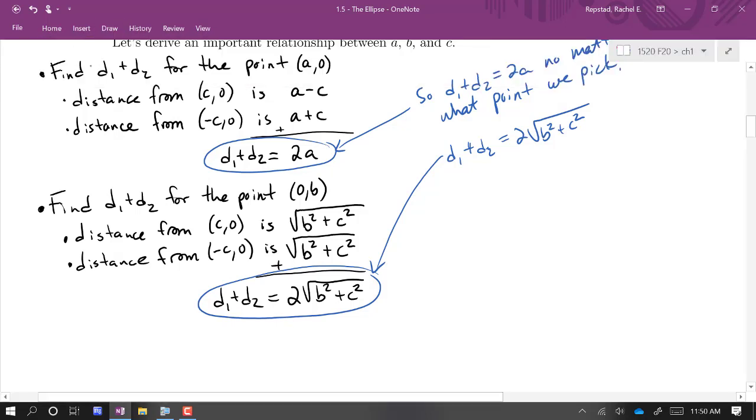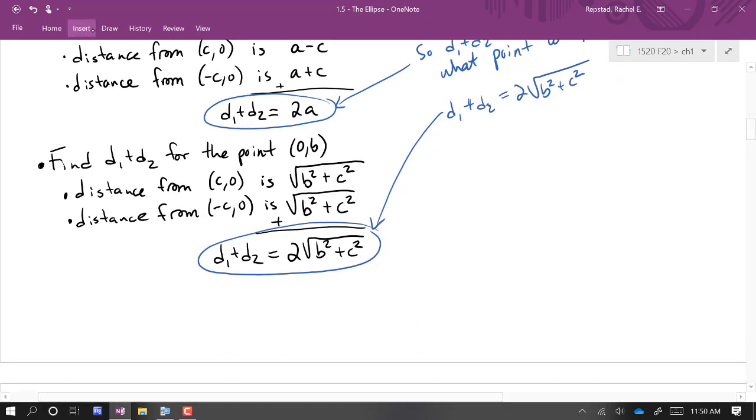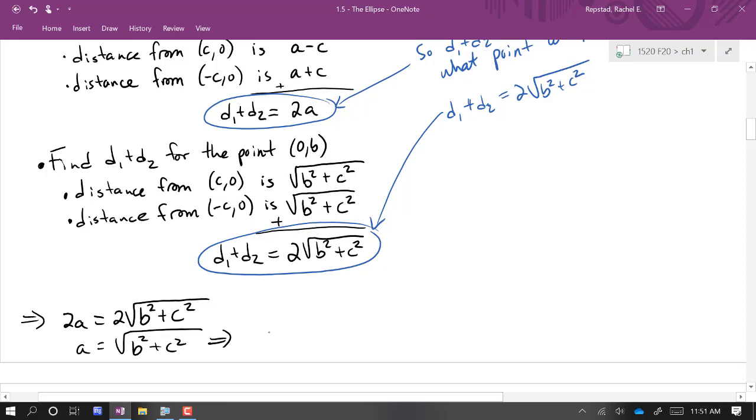If the sum of the distances doesn't change, that means 2a has to equal 2 times the square root of b squared plus c squared. Dividing by 2 gives us a is the square root of b squared plus c squared. And if we square both sides, we get a squared equals b squared plus c squared.